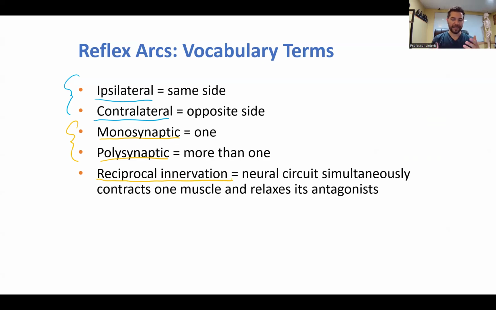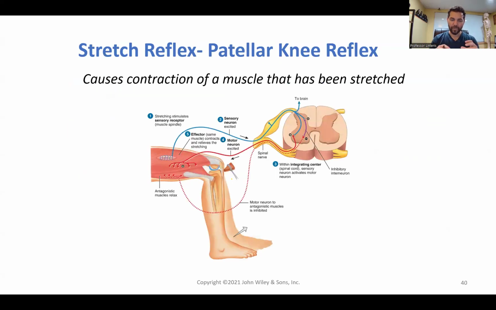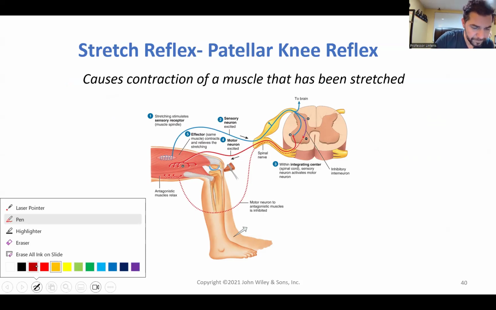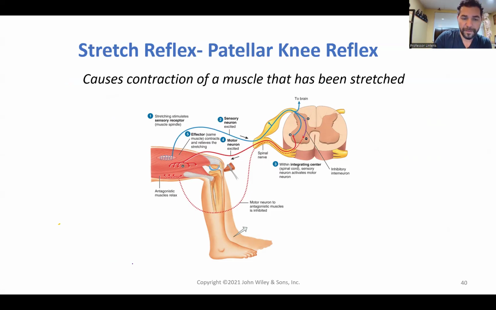So we're going to see in this scenario, when the quads contract, the hamstrings, which are the antagonist, will relax. So we talked about a reflex arc. We gave our 5 general steps. I'm going to show you step number 1, sensory receptor.